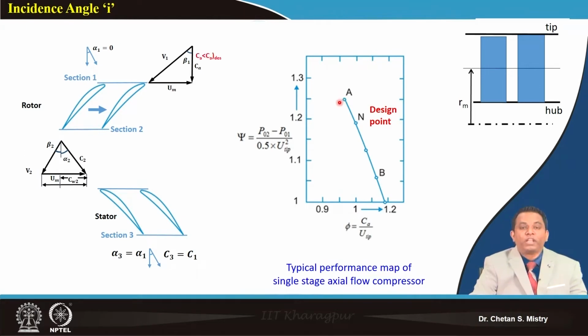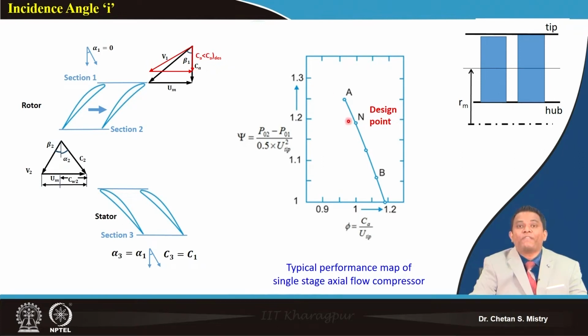This is less than my design axial velocity, so this will be my axial velocity. Since the peripheral speed is the same, joining them gives this velocity triangle. So just understand what we have done: we have moved from point N to point A where my axial velocity is lower.